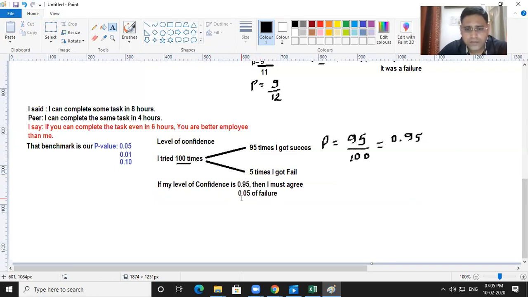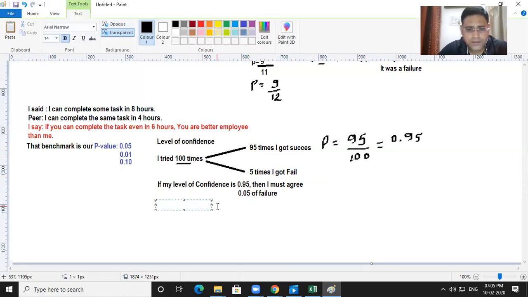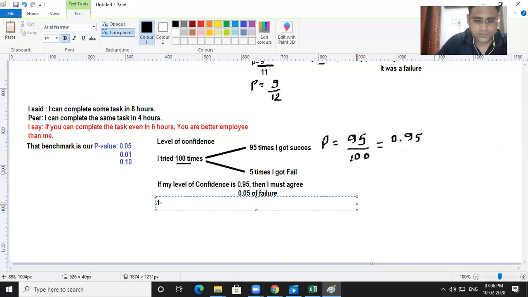So now this 0.05, what is this? When we write 1 minus level of confidence, it becomes equal to level of significance.